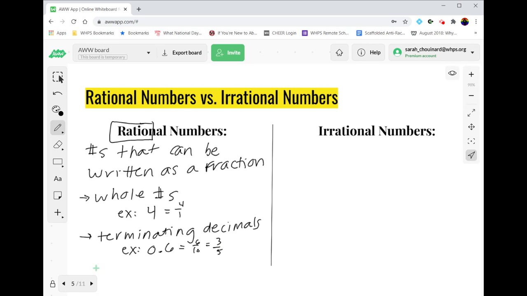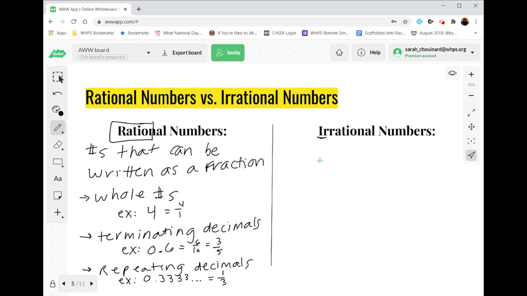And then the last type are repeating decimals. Those are decimals that go on forever in a repeating pattern. The most famous one is 0.3 repeating, which we know is the fraction 1/3. All repeating decimals can be written as a fraction, which makes them rational.